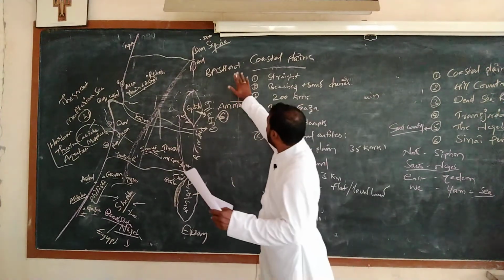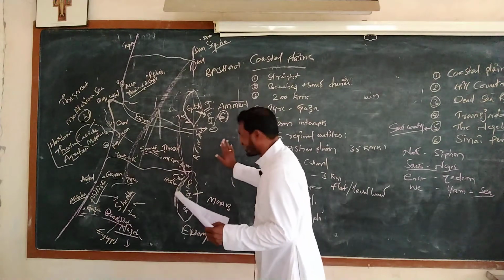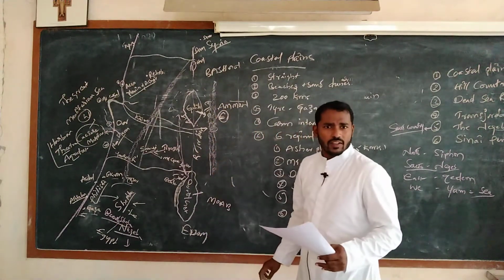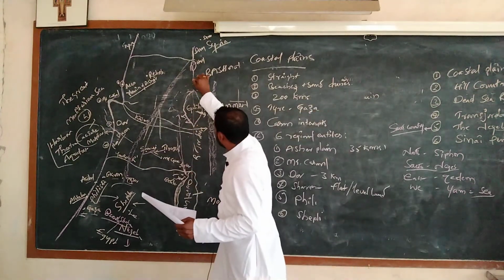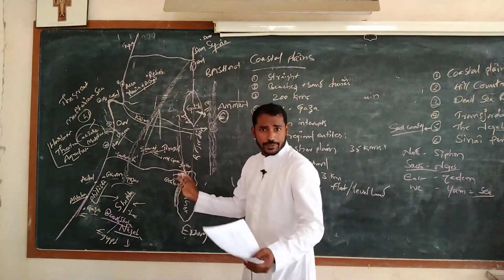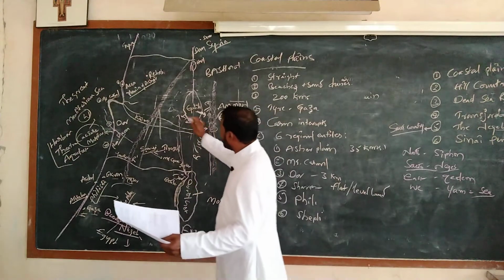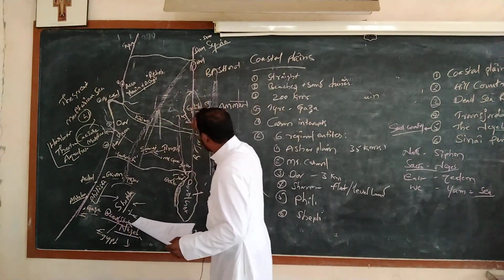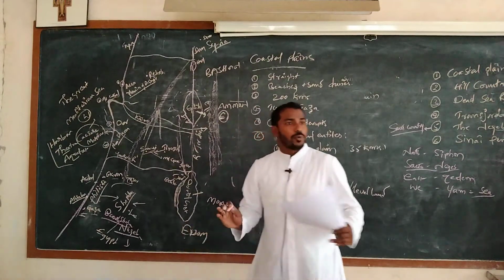I just wanted to show all these places are in the Transjordan area. That means only here the Jordan River is separating the hill country. Both are hill countries, but only the Transjordan is separating the two places.